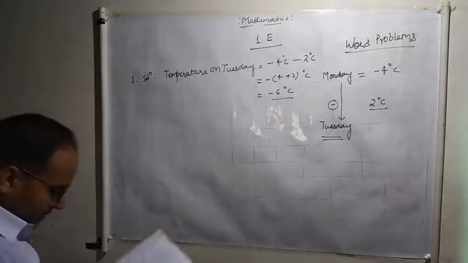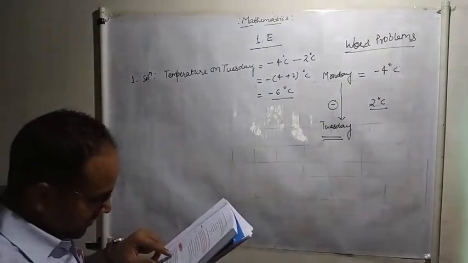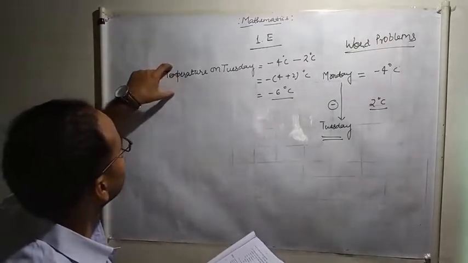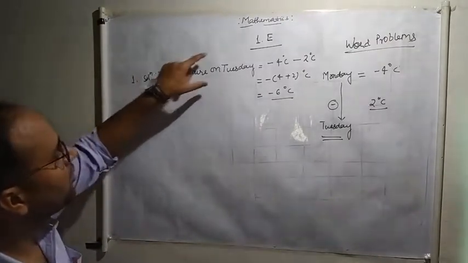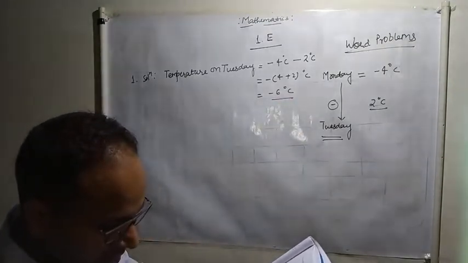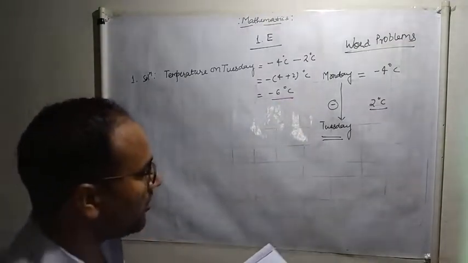And then one more question: what was the temperature at Srinagar on Tuesday? So the temperature of Srinagar on Tuesday is equal to -6 degree centigrade. On Wednesday it rose up.